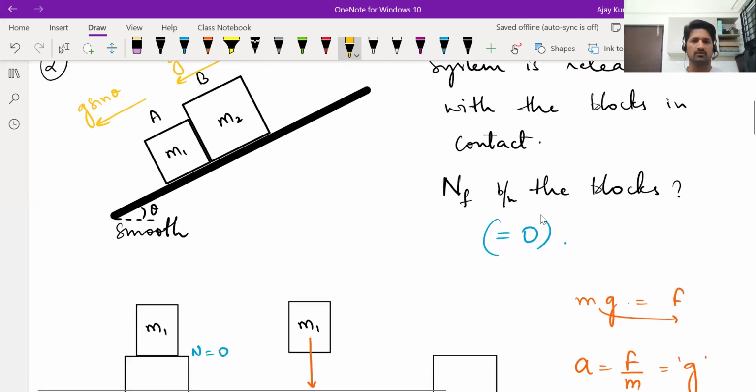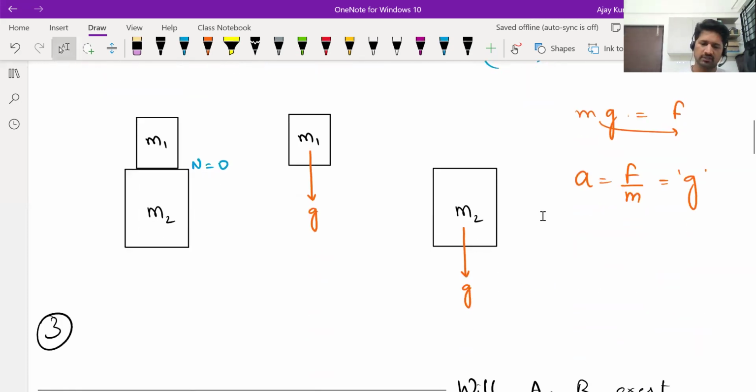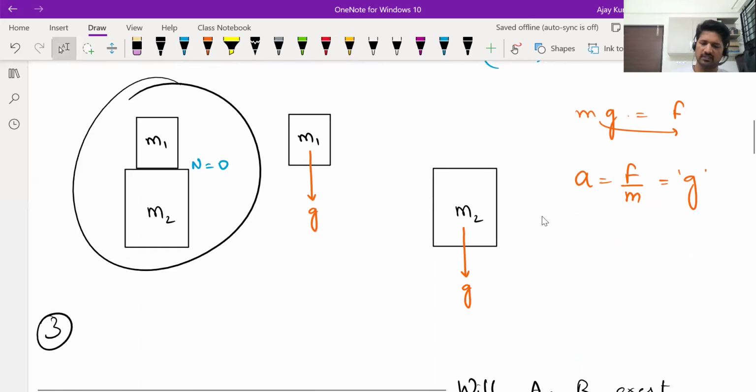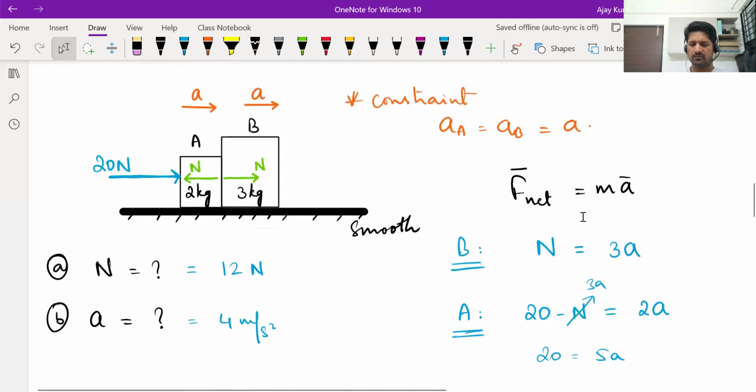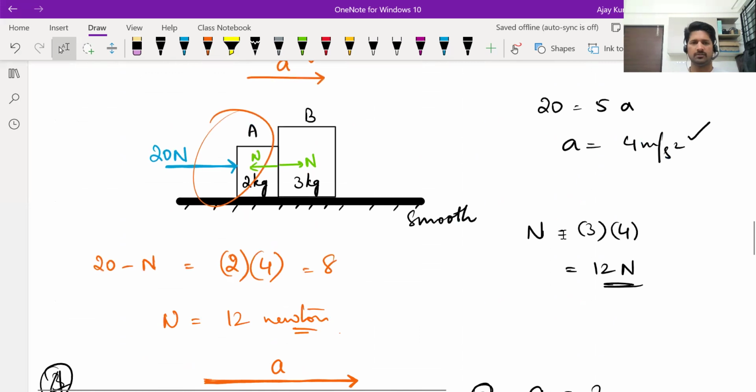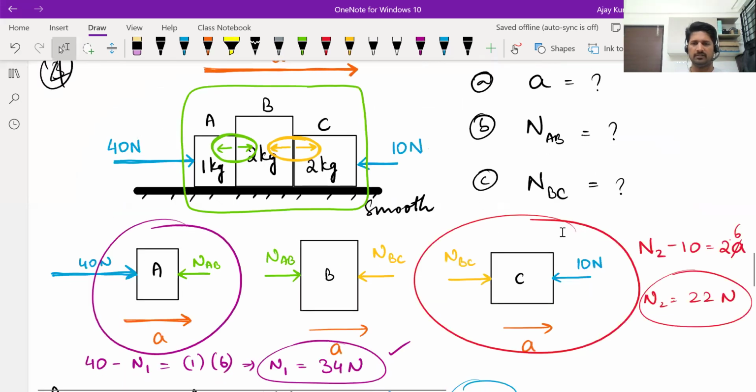Okay. So here also normal force is 0. Then we visualize this case also. Two objects left under gravity. Both have the tendency to fall with the rate g. None of them is trying to go faster than the other. So they'll keep falling together, no normal force between them. They won't push. Then in these cases, we found that they will push each other and we found out how much normal force will be acting between them.